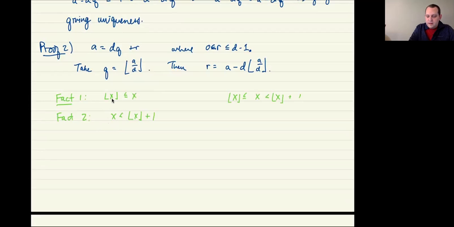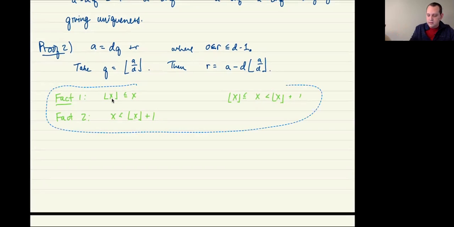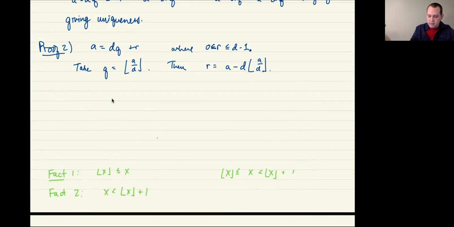You can't have X equal to the floor of X plus 1, because that would imply that X is an integer, in which case the floor of X is just X itself. That's impossible. I'll let you think about how to write that up in detail, but these are the two facts that we need.